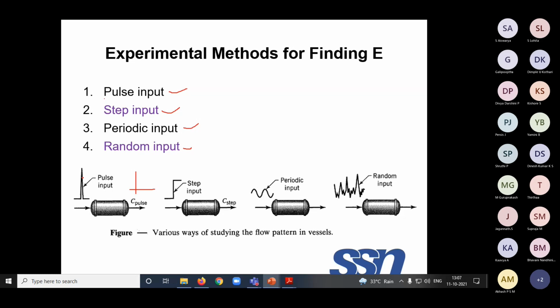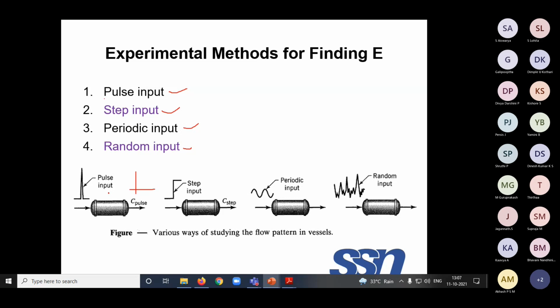If you take a dye and inject it inside, that is nothing but a pulse or impulse input. Pulse input is when it takes more time to send. If you force it very fast, then it is an impulse, like a Dirac delta function, right? Mathematicians call this impulse input the Dirac delta function, right?